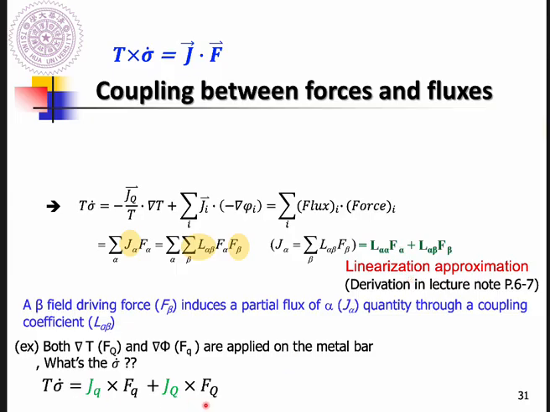If you put this idea back here, we know that because there are two driving forces, the current density J small q is not only driven by the electrical potential gradient, because we do have the temperature gradient F capital Q, which also contributes some quantity to the current density.